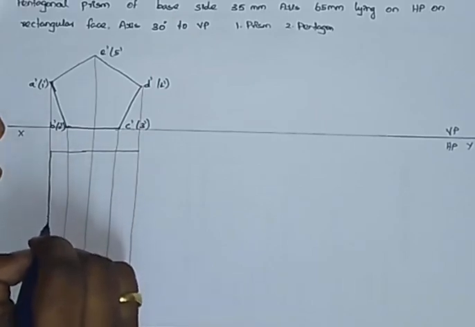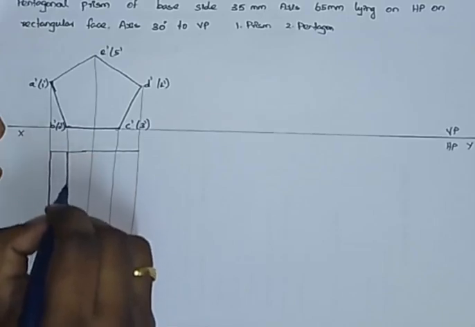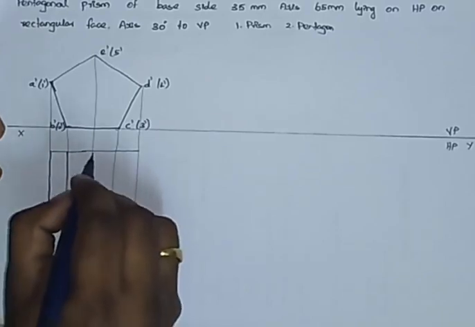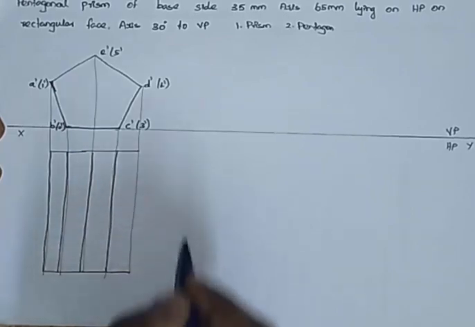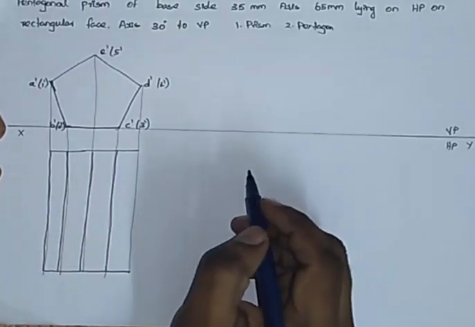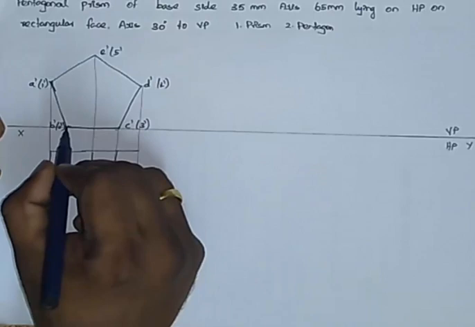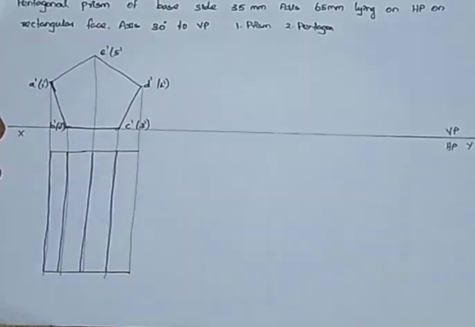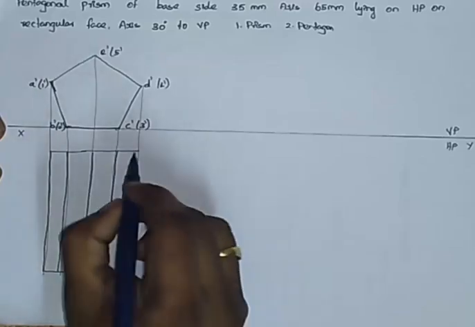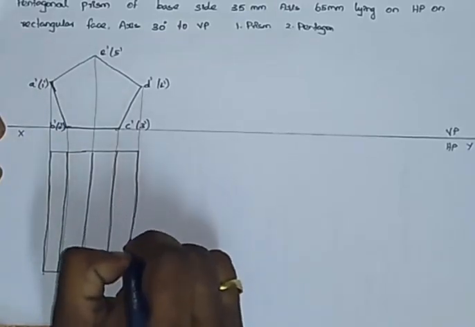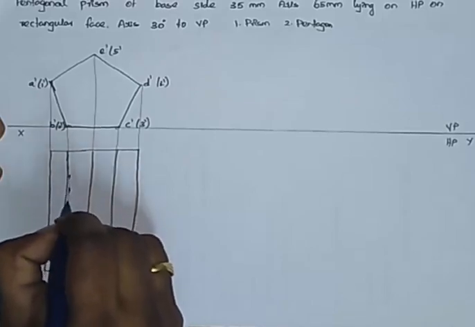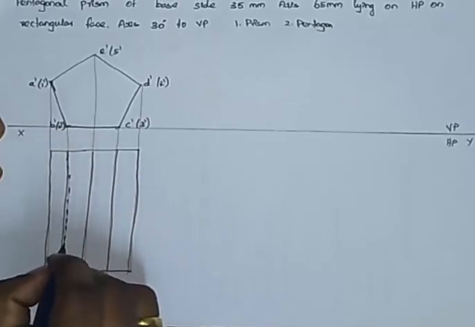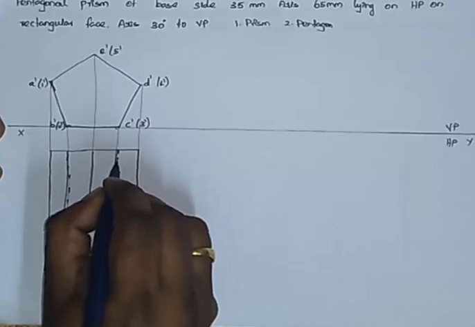You will get the rectangular face, that is, rectangle in the top view. So once I view from the top, these two edges will not be visible. So what I have to do is, I have to draw the invisible edges with dotted lines. So here it should be the dotted lines.